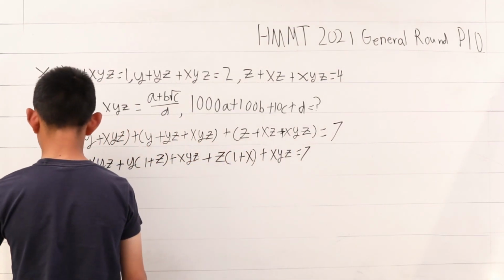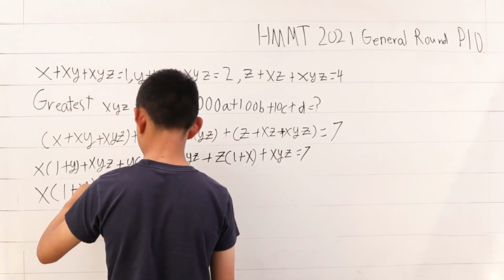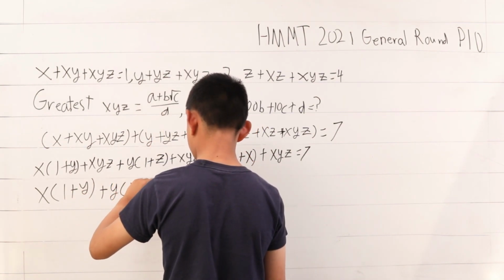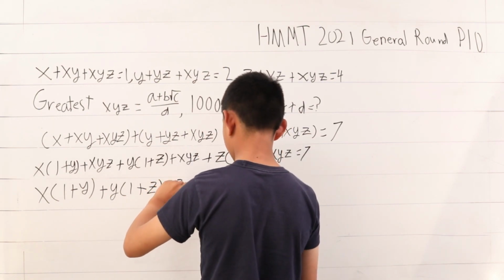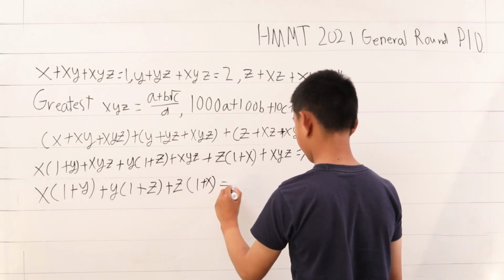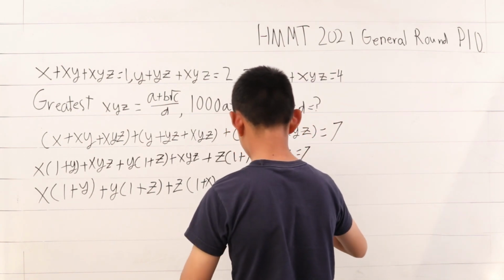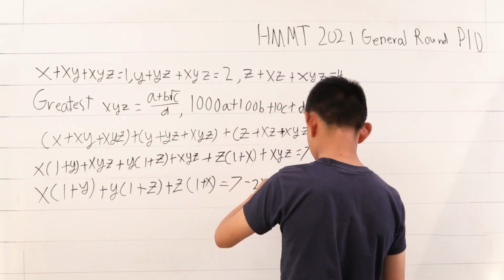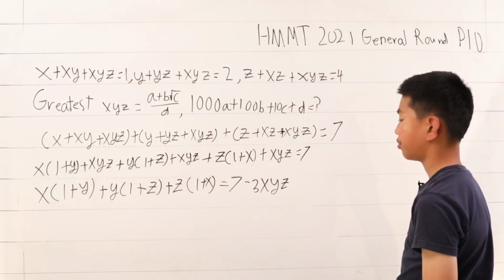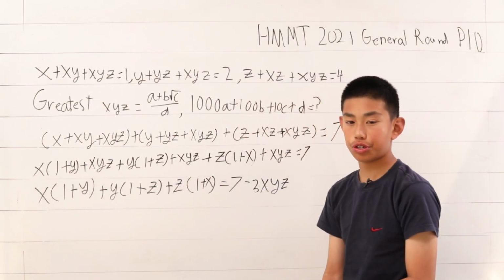So we get x times 1 plus y, plus y times 1 plus z, plus z times 1 plus x, is equal to 7 minus 3xyz, since we added all the xyz's up and then subtracted them from both sides. Now we see how and where to do our substitutions.